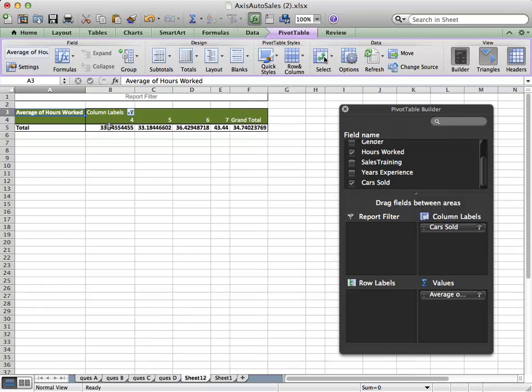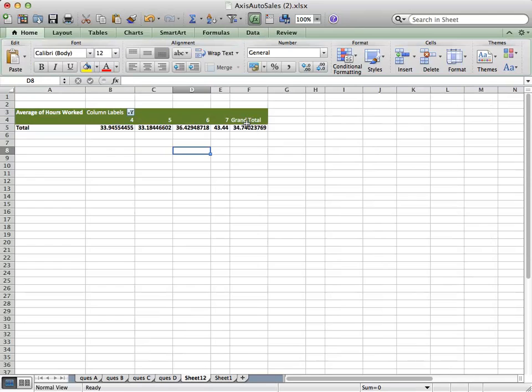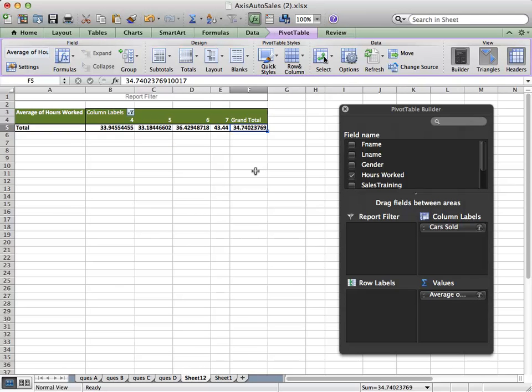Now, if I wanted the average for each of these individually, I would look here. But since I want the average for all of them, I look here under grand total. So the average hours worked by people selling greater than 3 cars per month is 34.7 hours per month. And as you can see, the hours more or less go up by the number of cars you sell per month. And that's question E.